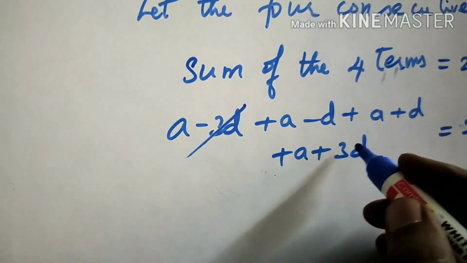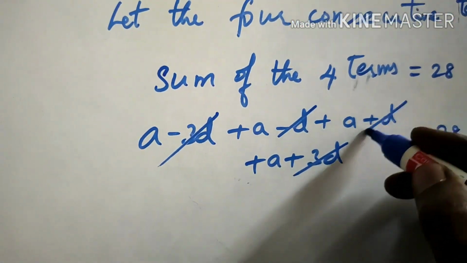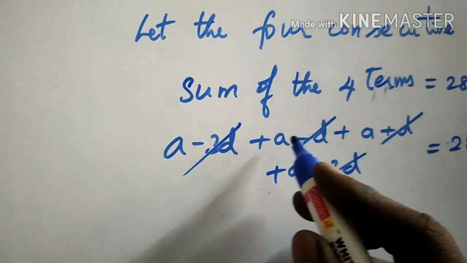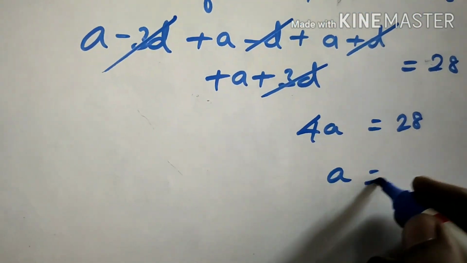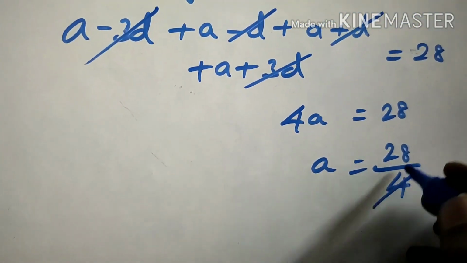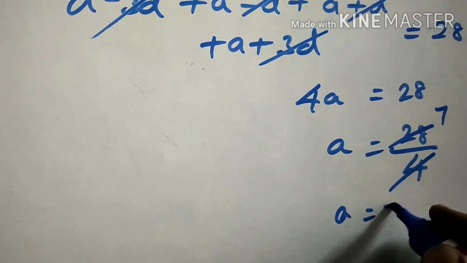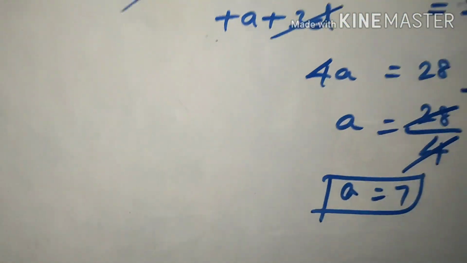Okay, minus 3d plus 3d cancelled, minus d plus d cancelled. So the remaining a plus a plus a plus a, 4a equal to 28, and a equal to 28 by 4. If you cancel, you get 7. A equal to 7. Right.